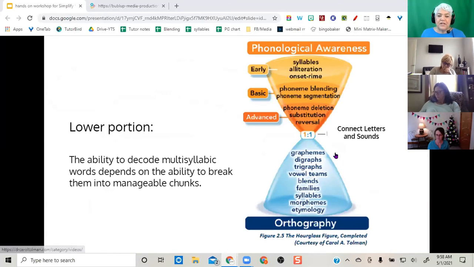So the lower portion of Dr. Tolman's hourglass is that we want to be able to look at multisyllabic words and use whatever tactics we have to help them break it into manageable chunks. And I'm saying manageable chunks because maybe it's a syllable, maybe it's a suffix, maybe it's just a chunk that works.